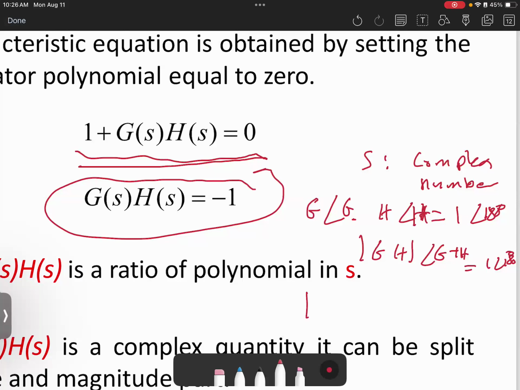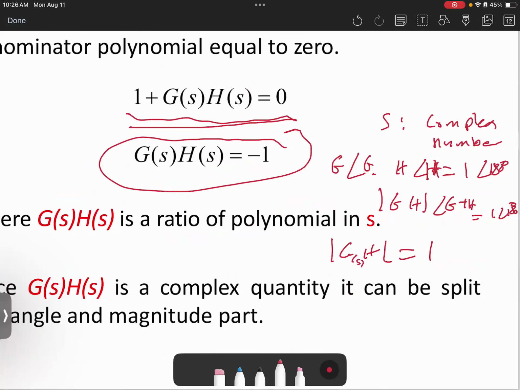So as a result, we can say the magnitude of G of S times H of S equals 1. Then the angle of G plus H equals 180 degrees, or pi.